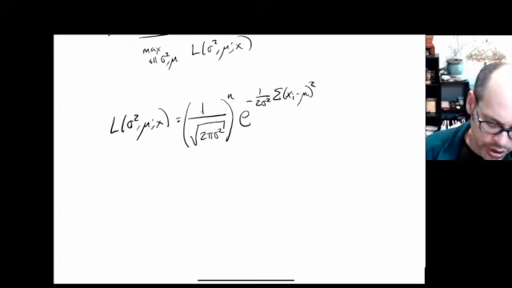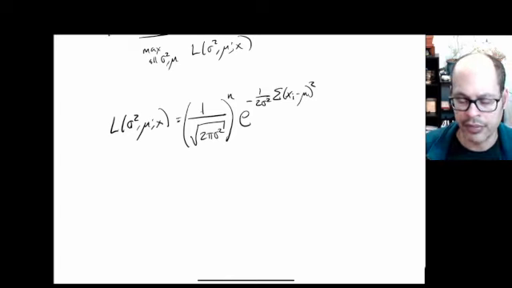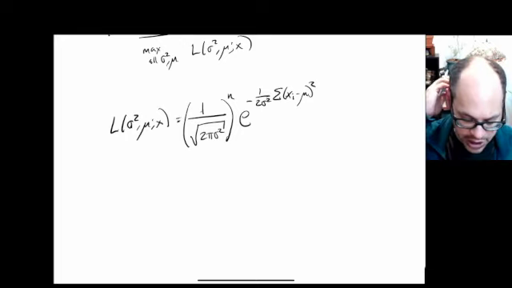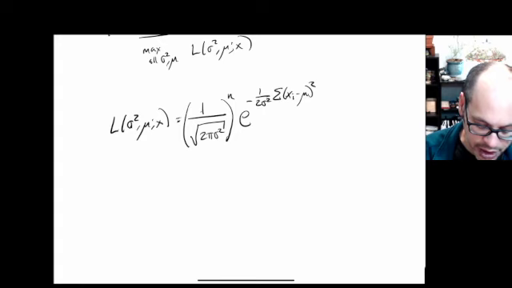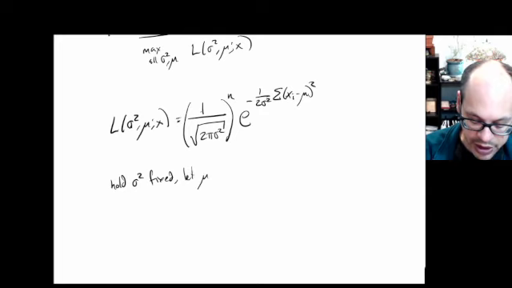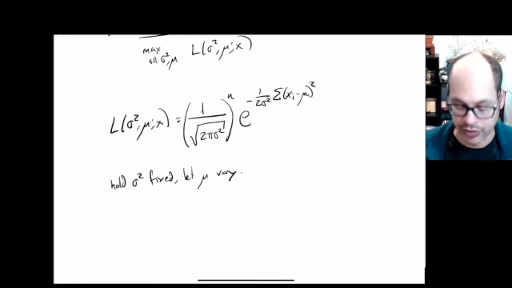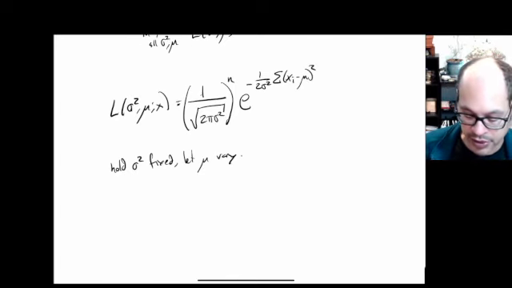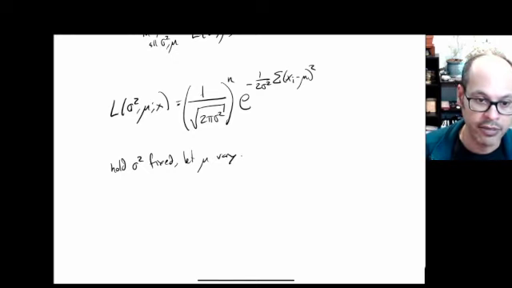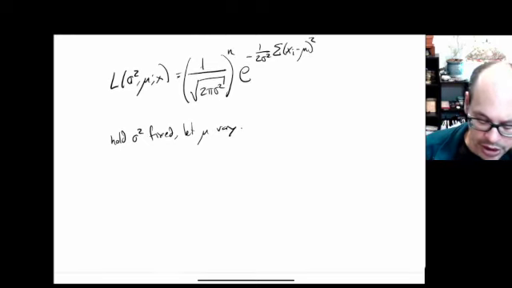We can maximize it with respect to either variable. For example, if we hold sigma squared fixed and we let mu vary, then we can see what's the maximum value that we get for a given sigma squared. And similarly, if we hold mu fixed and let sigma squared vary, then we can maximize that. Let's go ahead and do at least one of those.